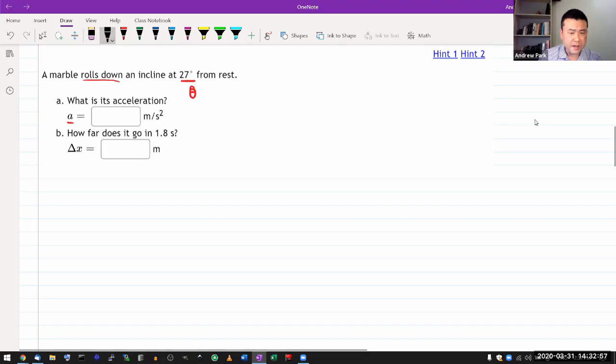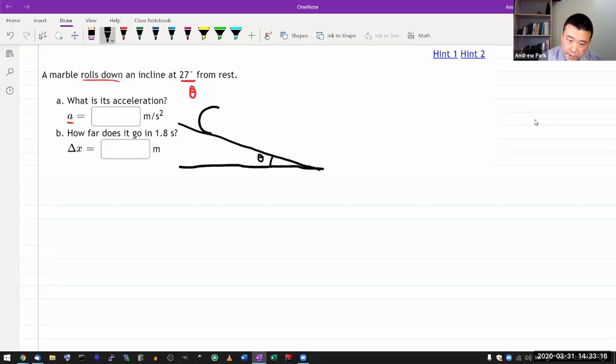So let me do that. I like to start out with a diagram. So let me draw the diagram of the incline. Here's the incline at some angle theta. And I guess there's some kind of marble that's going to be rolling down. And it's asking for its acceleration as it rolls down.